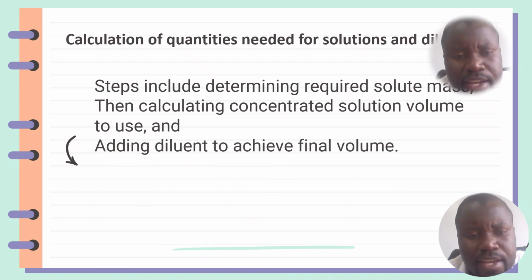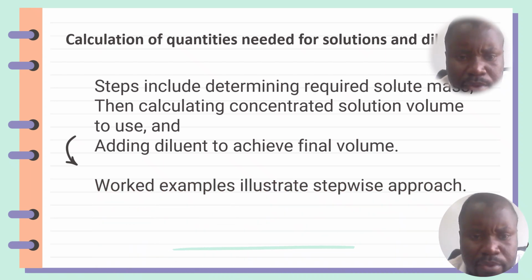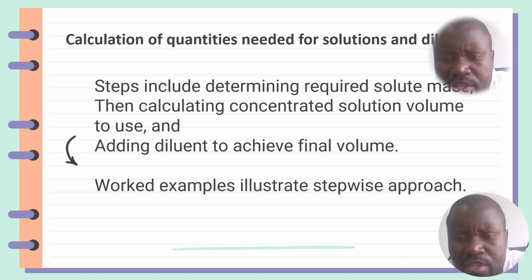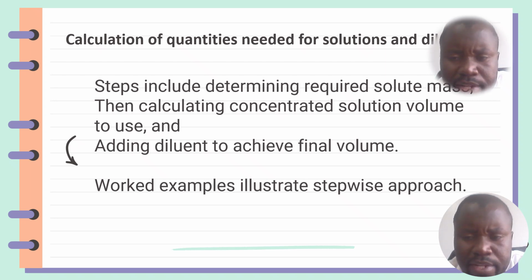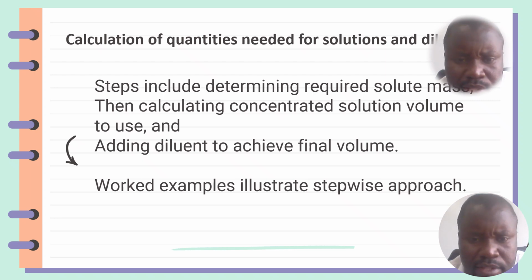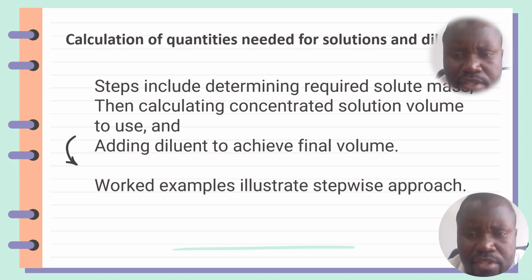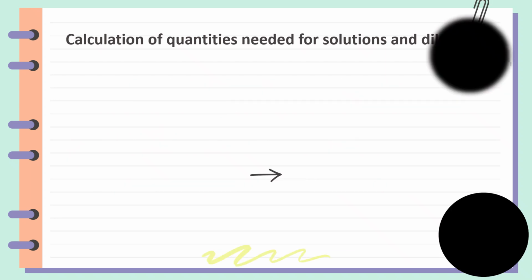When you have done that, you add the diluent to achieve the final volume. That is very, very important. Then we'll be looking at some of the principles we have to use in the lab when we are comparing substances together, and then we apply the correct techniques. You can do some worked examples to illustrate some of these steps when we get into the lab.